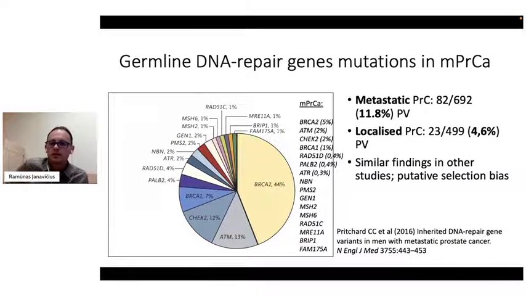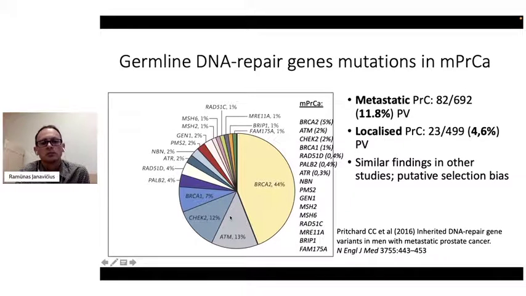This situation profoundly changed in 2016 after a seminal study where around 12% of advanced metastatic prostate cancers were found to have germline mutations in DNA repair genes, with the top gene being BRCA2.